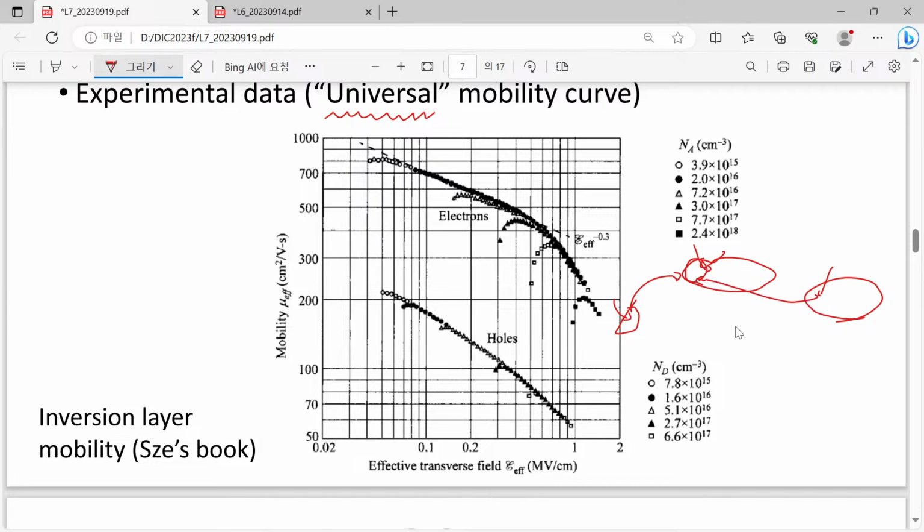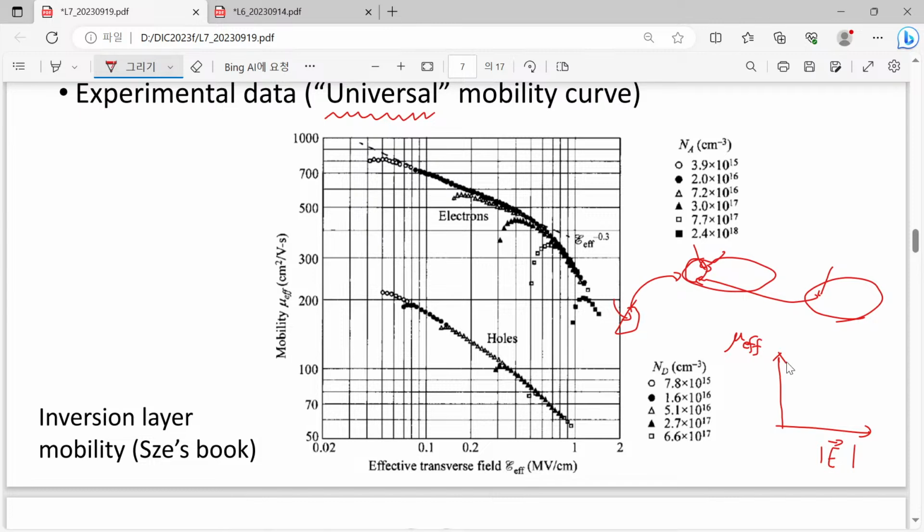A Japanese researcher in America collected them all and tried to draw a graph, with the x-axis being the magnitude of the electric field and the y-axis the mobility of their transistors.